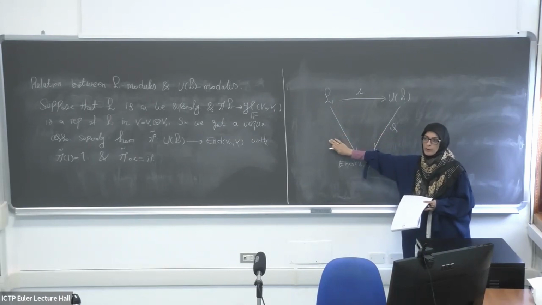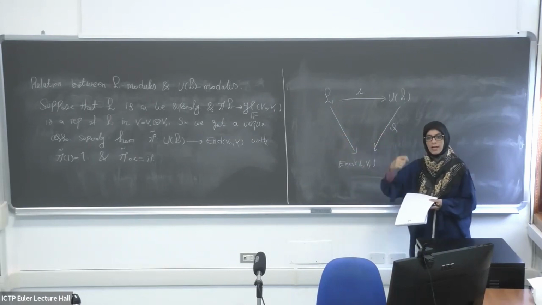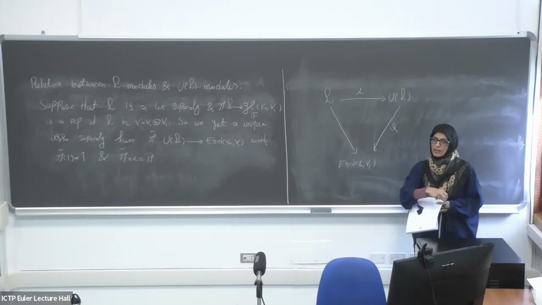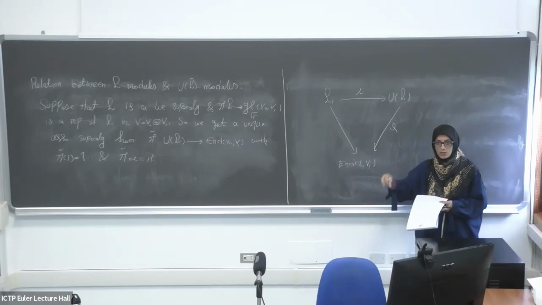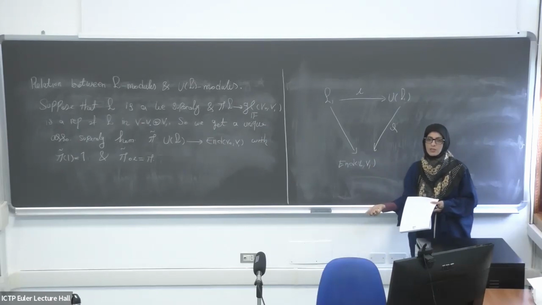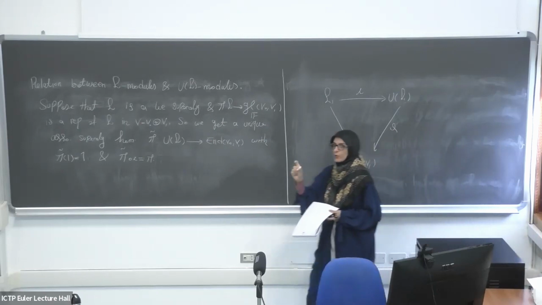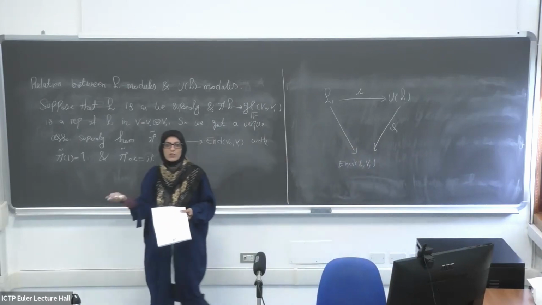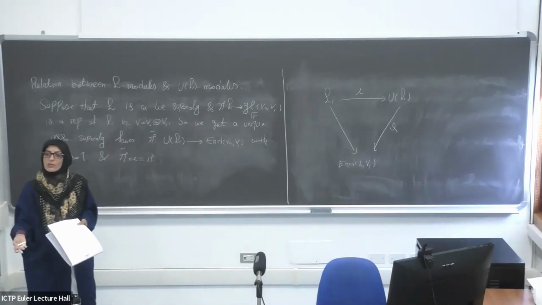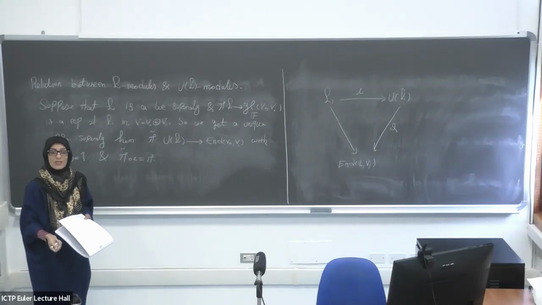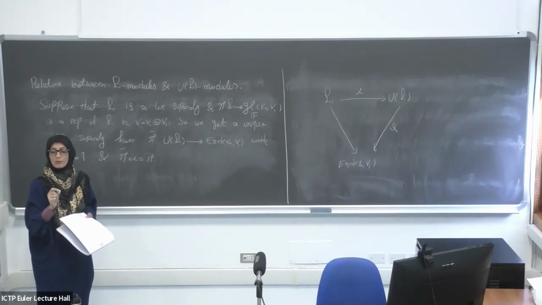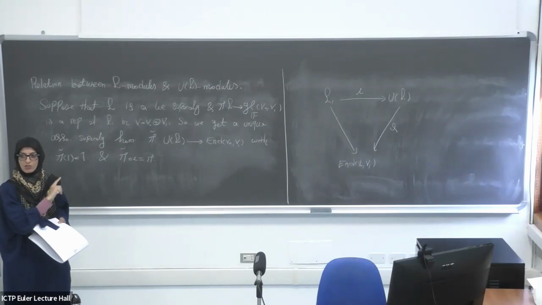And we can prove that this composition is a Lie superalgebra homomorphism. So we had a representation of L and we get a representation of UL, and now we have a representation of UL and we get a representation of L. This correspondence is a one-to-one correspondence. So there is no difference between L modules and UL modules.